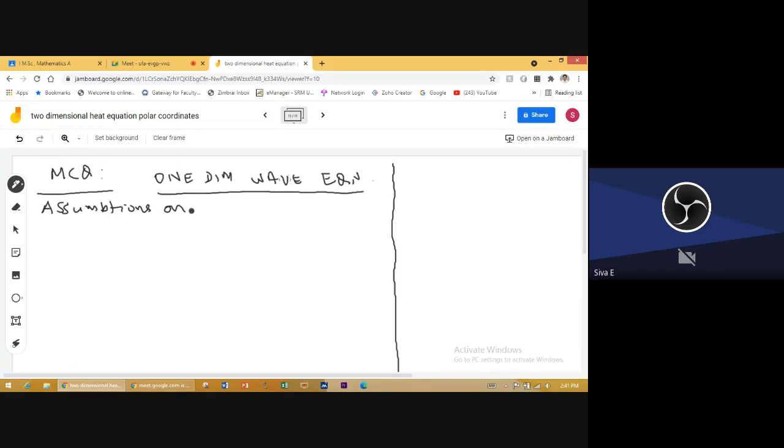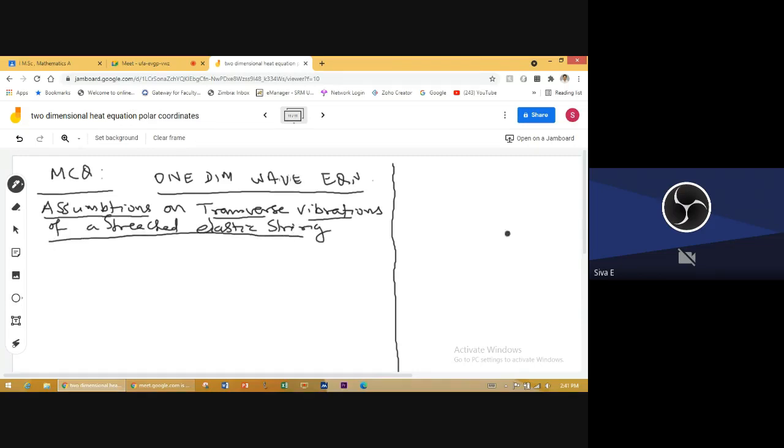Assumptions on transverse vibrations of a stretched elastic string.